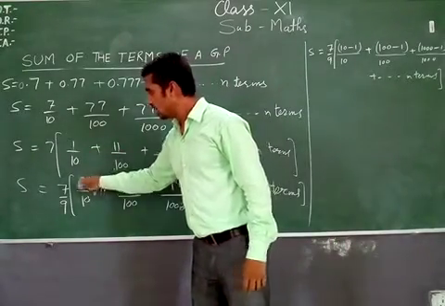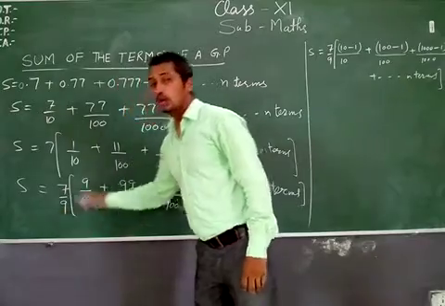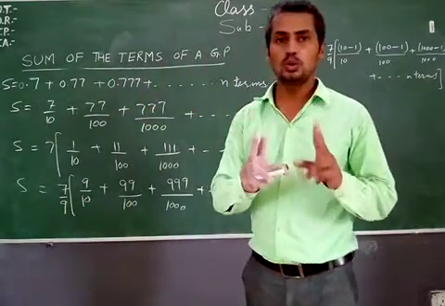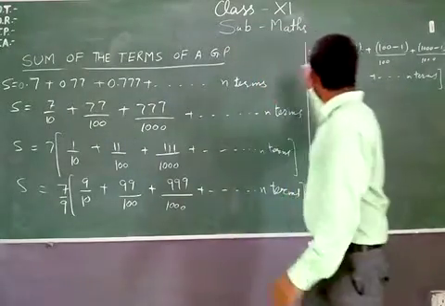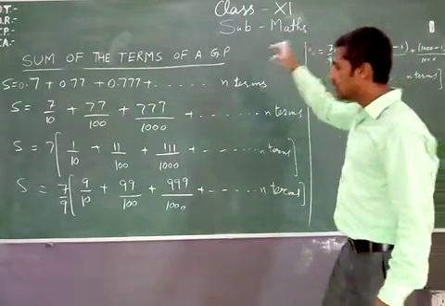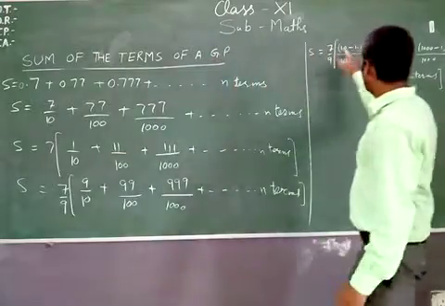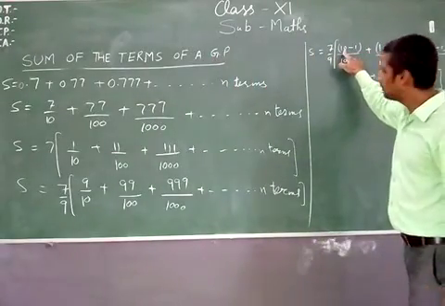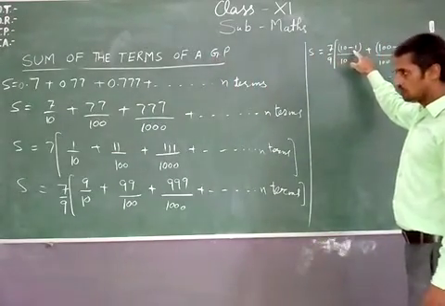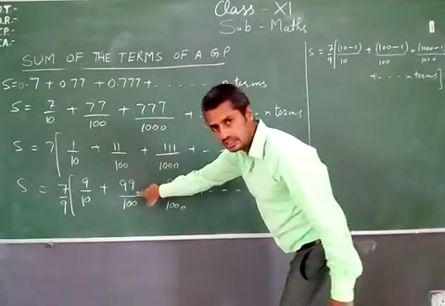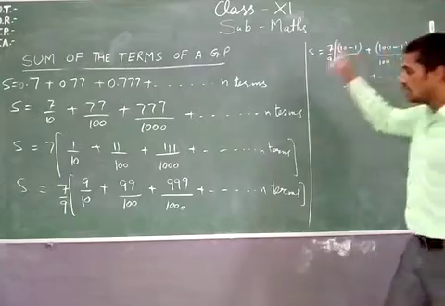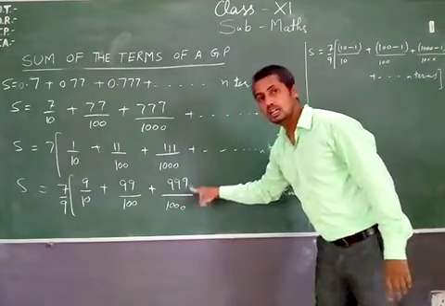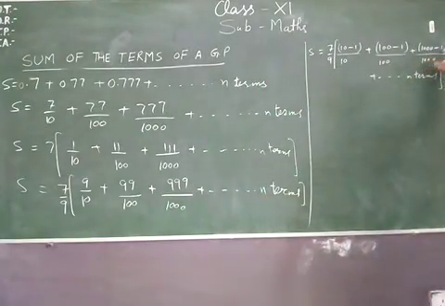Multiplying by 9 and dividing by 9, we are trying to make two different GPs. Here 9 can be written in the form of 10 minus 1, 99 can be written as 100 minus 1, and 999 equals 1000 minus 1.